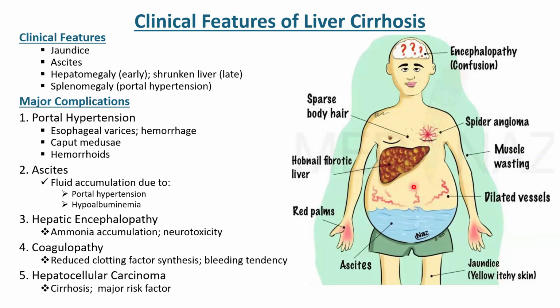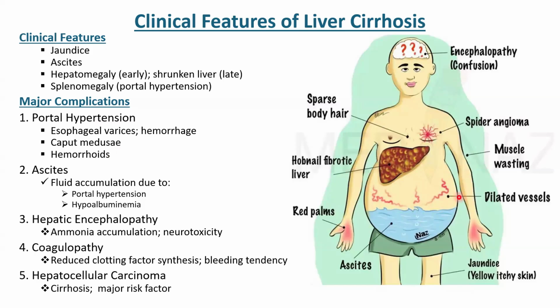On the umbilicus, we usually have veins which are connected to the liver. So if you have blockage of blood to the liver, blood will accumulate in these blood vessels on the umbilicus, giving you the caput medusae feature.